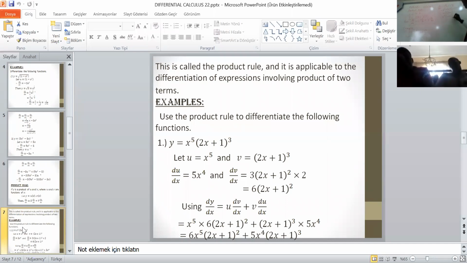So that means our factors are this. If I remove x raised to the power 4 and (2x plus 1) squared here, you have only 6x remaining here. Plus, this is 5 into (2x plus 1). And that means this is x raised to the power 4, (2x plus 1) squared, then 6x plus 10x plus 5. 5 times 2x will give you 10x, and 5 times 1 is 5.